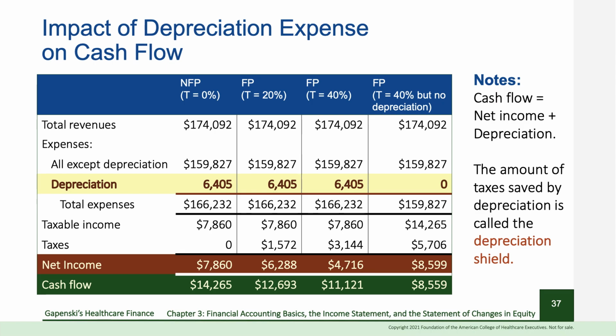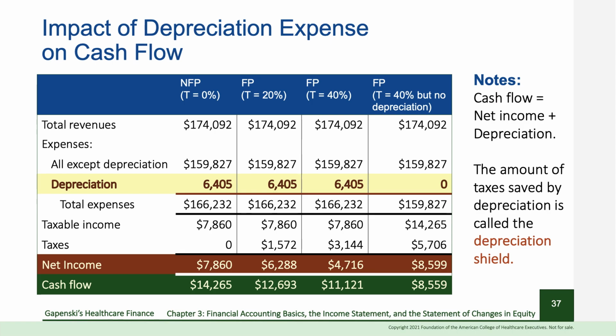Let's say for not-for-profit the taxes are zero, so the net income will be $7,860 and the cash flow is $14,265. For the for-profit, the tax is 20%. So the $7,860 that they make as taxable income is charged 20% tax, so they subtract that to get the net income of $6,288.